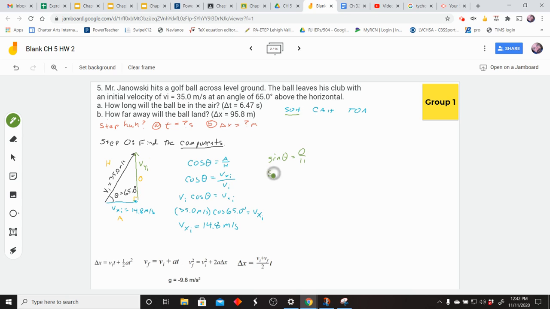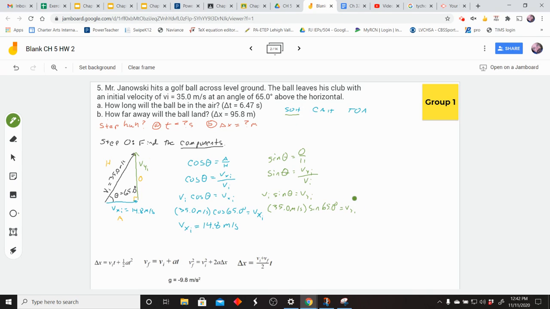And what that really means, I'll try to go a little bit faster here, is sine of theta, O is Vy initial, over H is V initial, which means V initial times sine of theta is equal to Vy initial. So 35.0 meters per second times sine of 65.0 degrees is Vy initial.